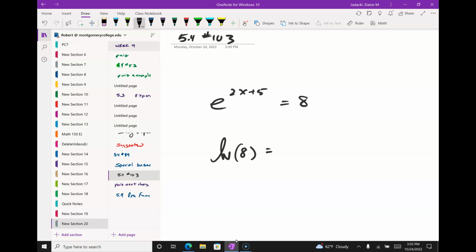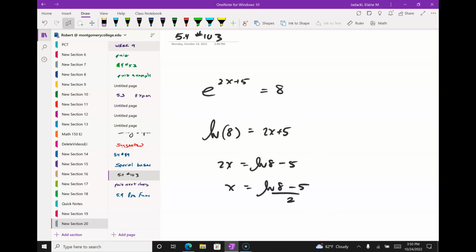What's the exponent? 2x plus 5. If I solve this for x, I get 2x equals ln of 8 minus 5, all divided by 2. Log base e is ln.